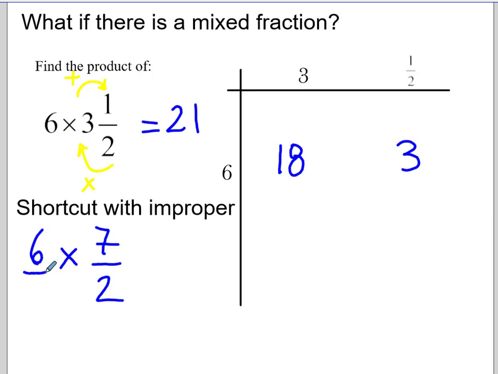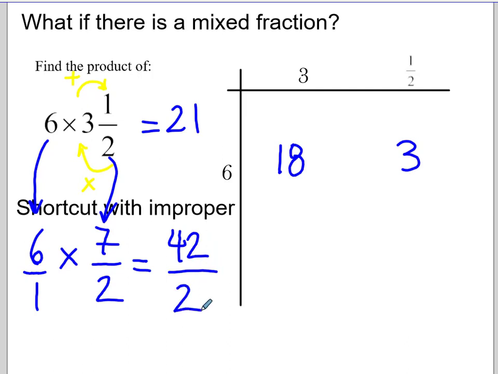Then I'm going to put the placeholder in for the 1, so there's the 6. This 3.5 becomes 7 over 2. If I multiply across the top, I get 42. Multiply across the bottom, I get 2. And 42 divided by 2 is 21, which is the same answer we got up there.